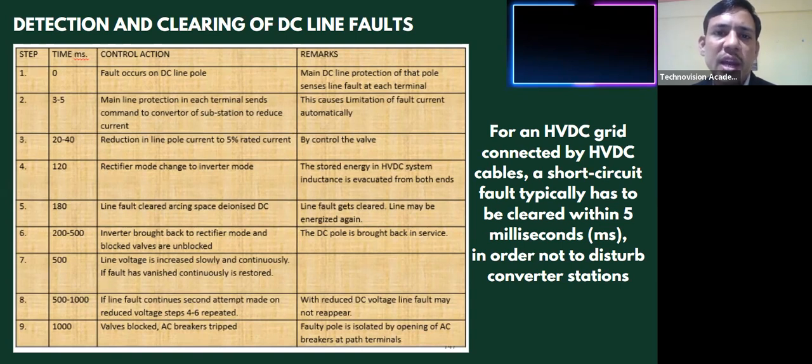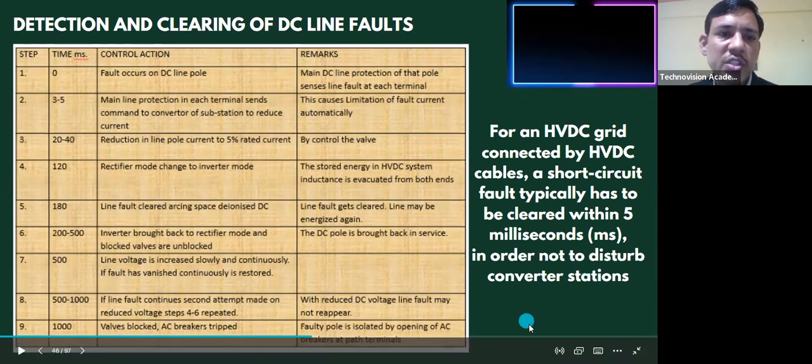Because of that, a certain time is needed to minimize or eliminate especially the stored charge into the AC system. That's why that time is required, but these switches open in less than 5 milliseconds. So that is again a benefit of this VSC HVDC.